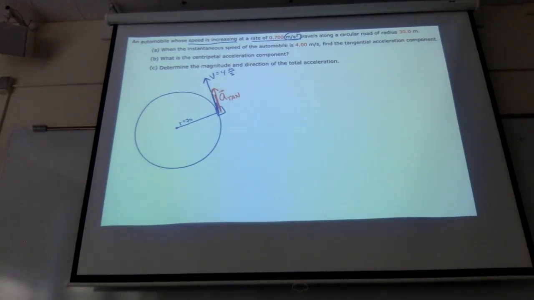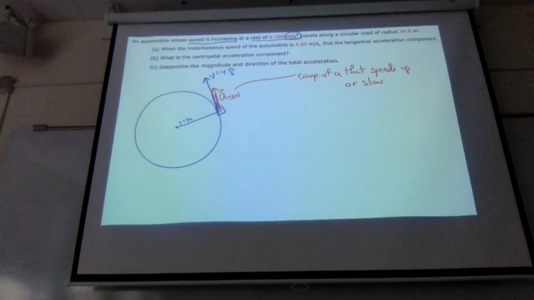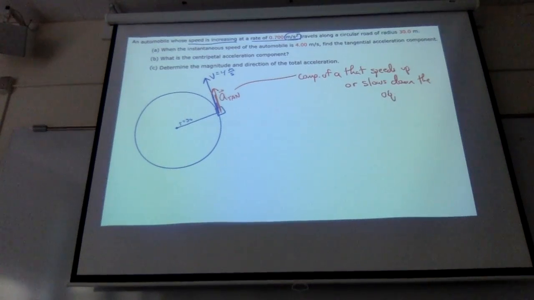Remember, we talked about accelerations a little bit. This is the component of acceleration that speeds up or slows down the object. So when it's moving in a circle, this is the part of the acceleration that makes it go faster or slower.